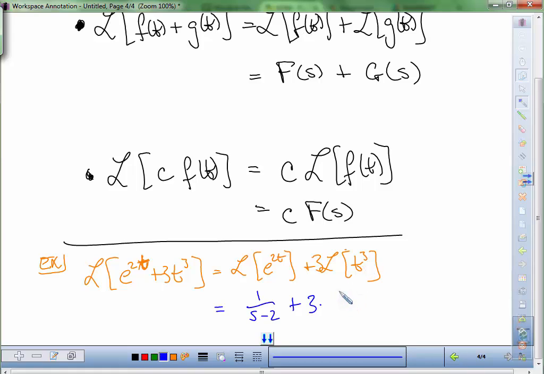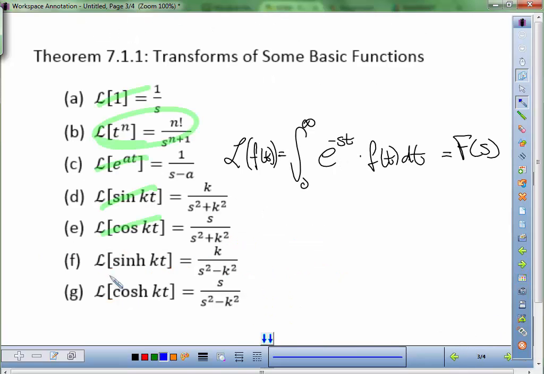So what's going to go on top? 3 factorial divided by s to the 4th power. Remember that it's s. All right, let me double check.